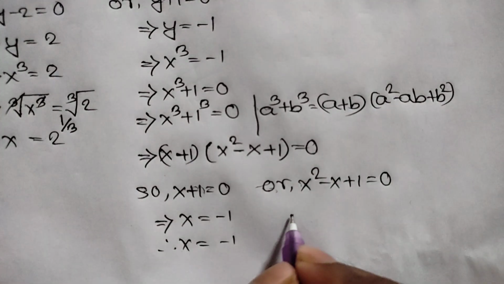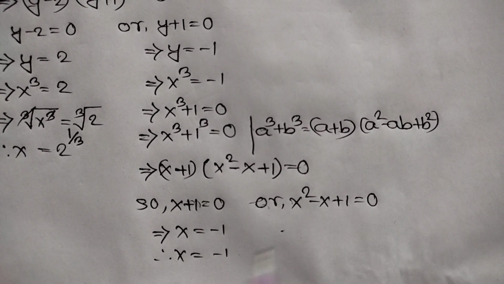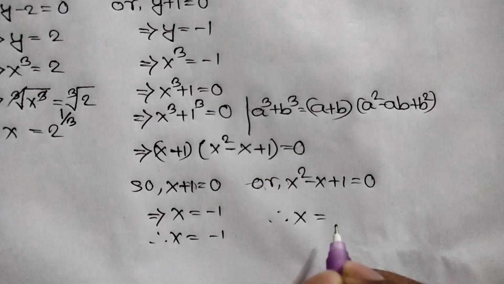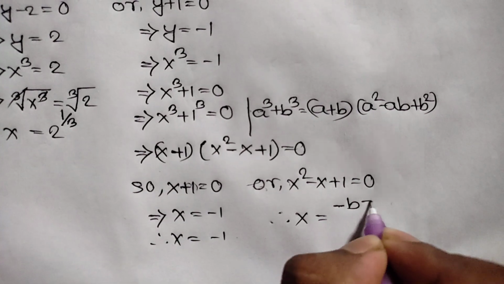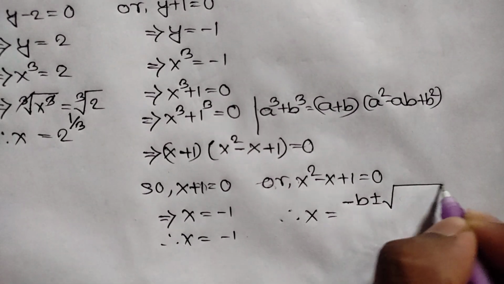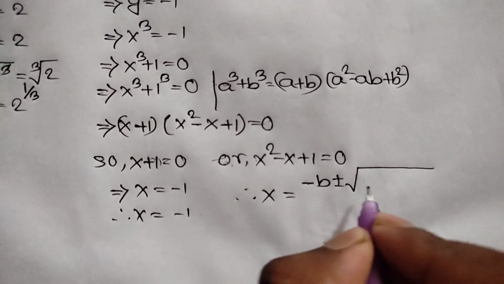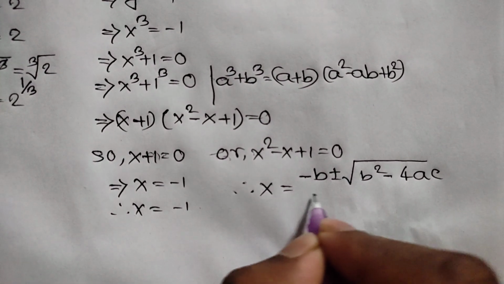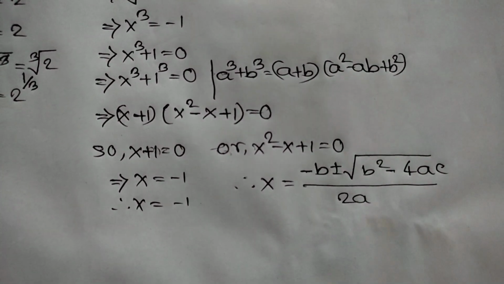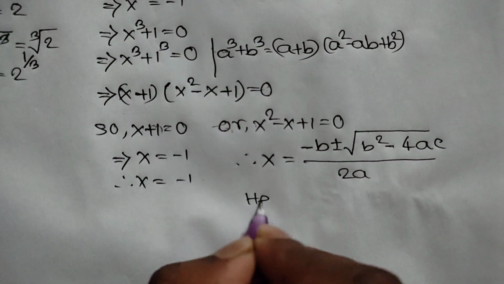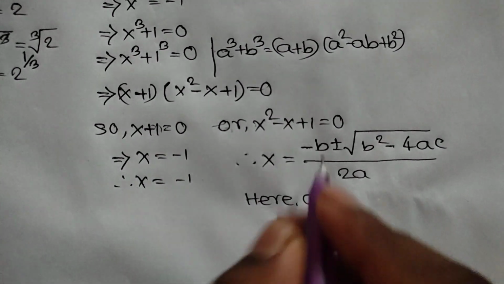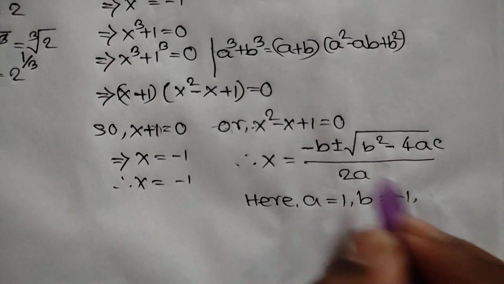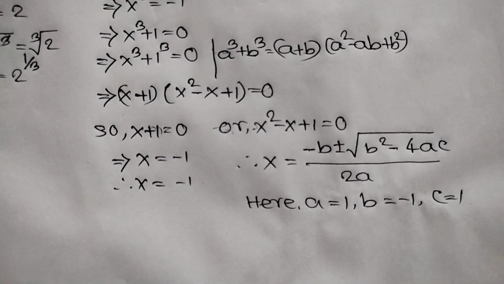Or here we can apply the quadratic formula, so we can write x is equal to minus b plus or minus the square root of b square minus 4ac, over 2a. Here a is equal to 1, b is equal to negative 1 and c is equal to 1.